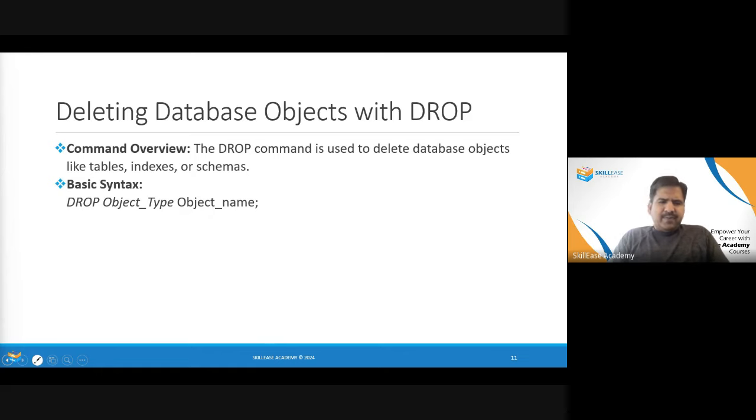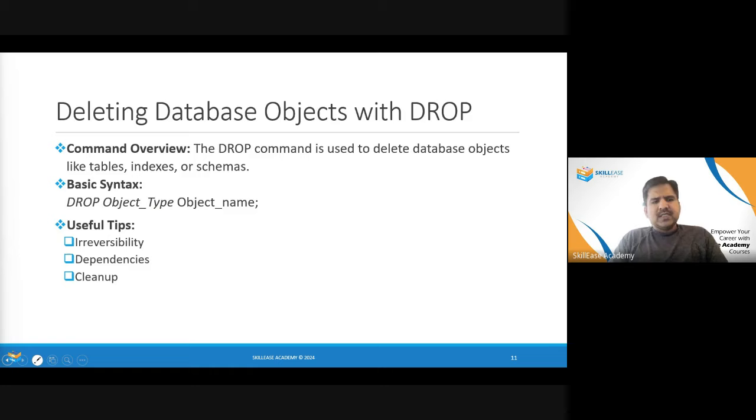The basic statement of drop is DROP, the object type and the object name. Object type can be a table, view, function, or index. And object name will be the name of that particular object.